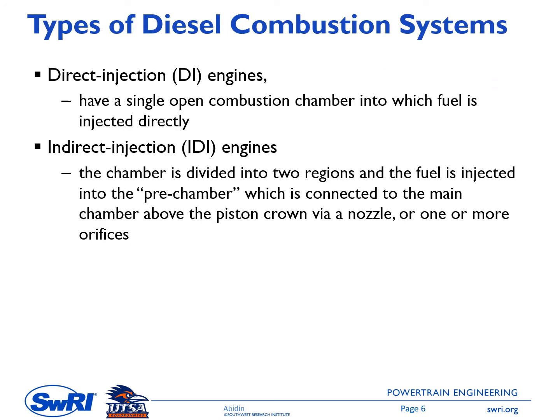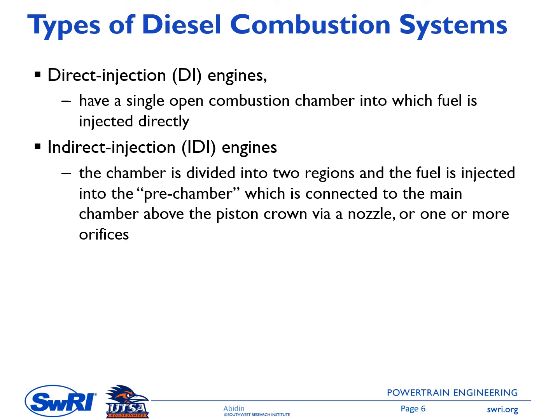Now let's see the types of diesel combustion system. Generally there are two types. One is called the direct injection engine, in which the fuel is injected directly into the main chamber. The second type is the indirect injection engine. In this case there is a small chamber, usually connected through a small nozzle or maybe a couple of nozzles, and the combustion is initiated inside this small pre-chamber.